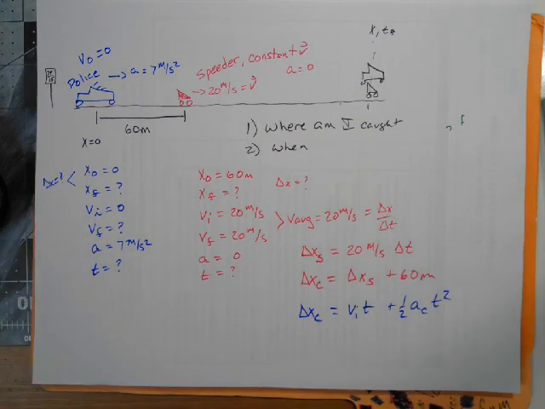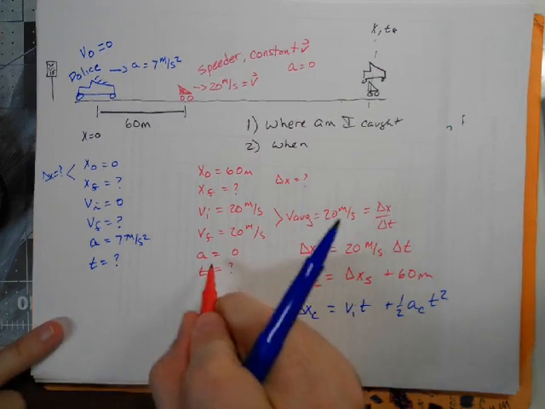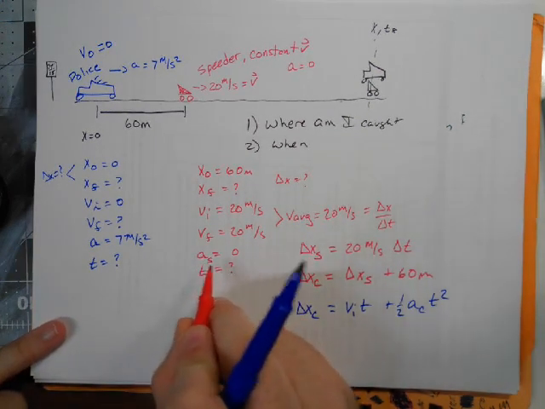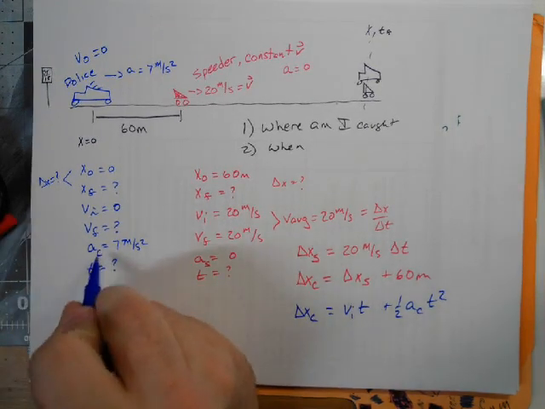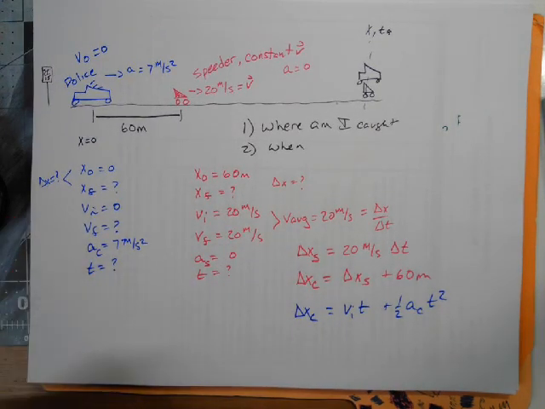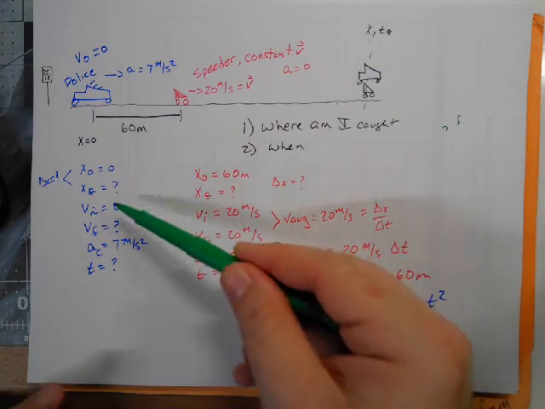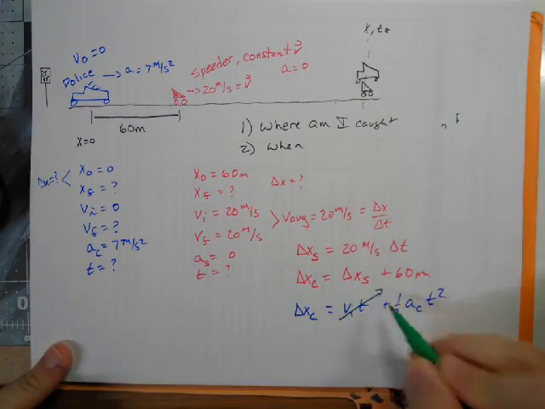So every time that I have a distinction between these things, I should put in a little subscript, like the acceleration for the speeder is 0, the acceleration for the cop is 7 meters per second squared. And so when we look at this, we also realize that the initial velocity is 0, so we don't care about that term.